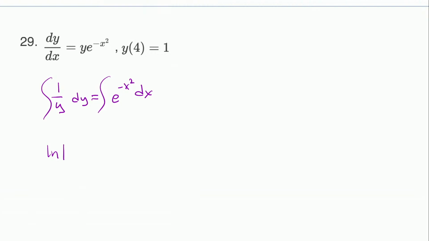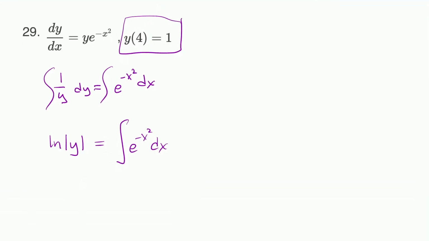Natural log. There's the problem, isn't it? We have this integral of e to the negative x squared dx that we're going to run into problems with. So how are we going to do this? Well, the way that we're going to deal with this is we're going to use this initial condition to express this integral as a definite integral. So here's the idea. y of 4 is equal to 1.